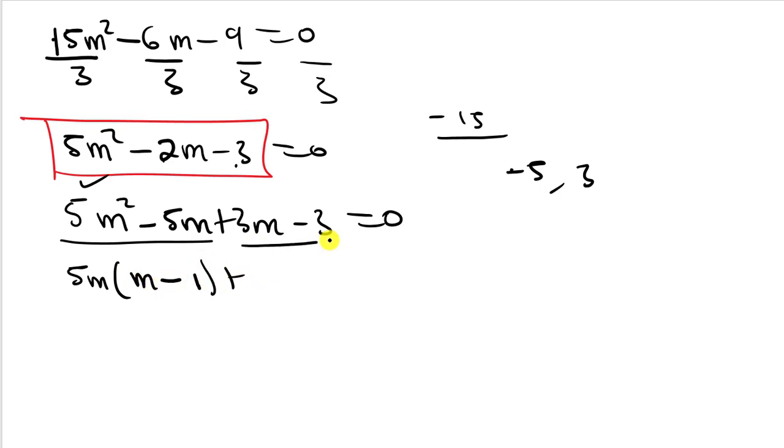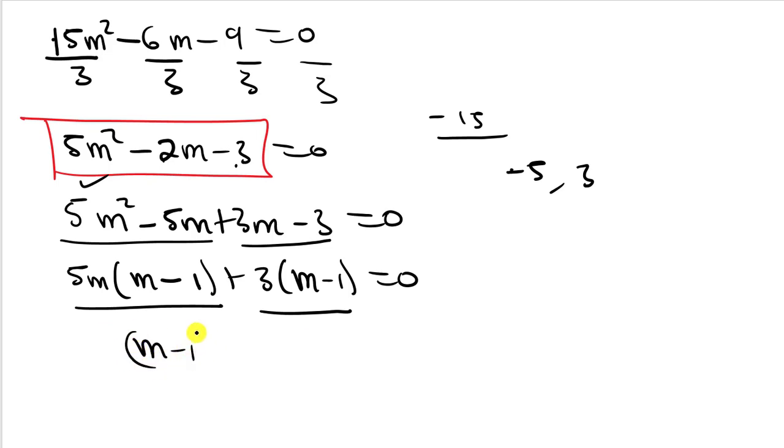Plus, you take the last two, the common factor is 3. So you bring the 3 out, you open your bracket, you are going to be left with m minus 1, being equal to 0. Okay, so m minus 1 is common for the two terms that you're having there. So your m minus 1 comes out, and you are going to be left with your 5m plus 3 being equal to 0.